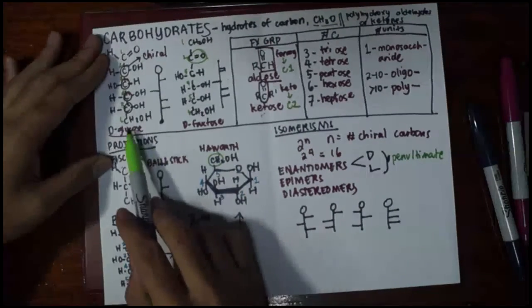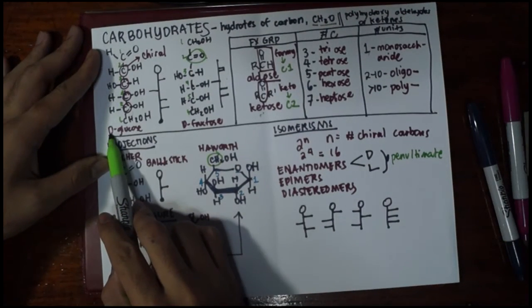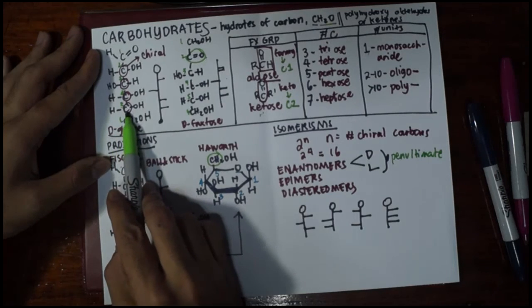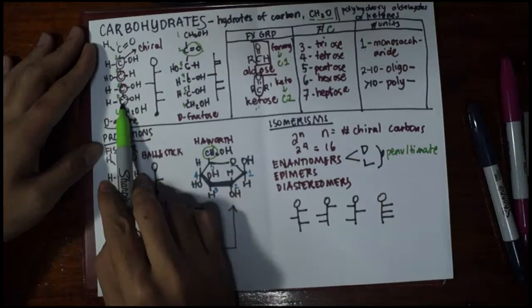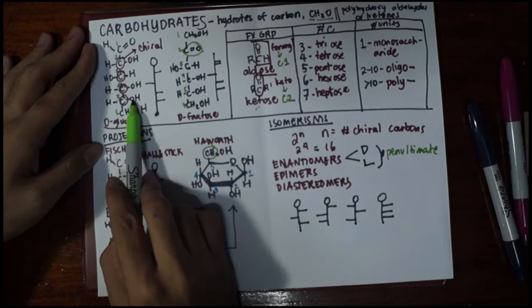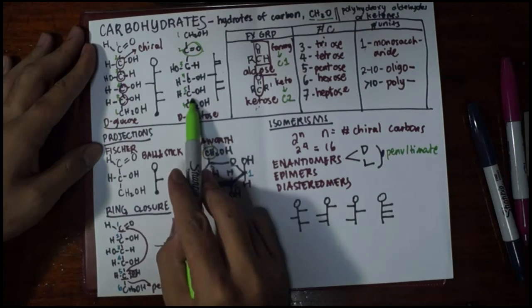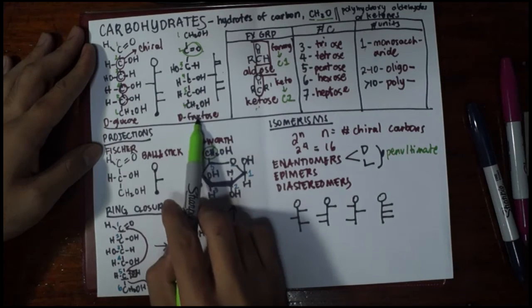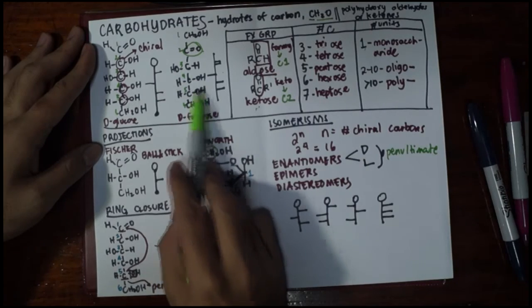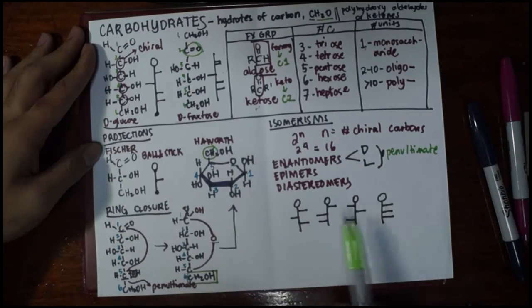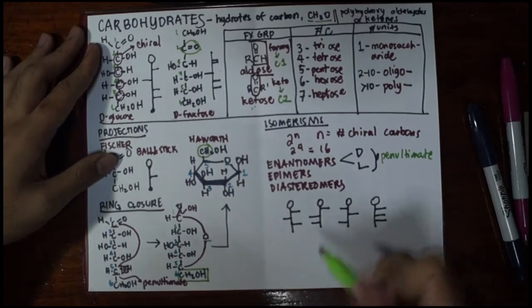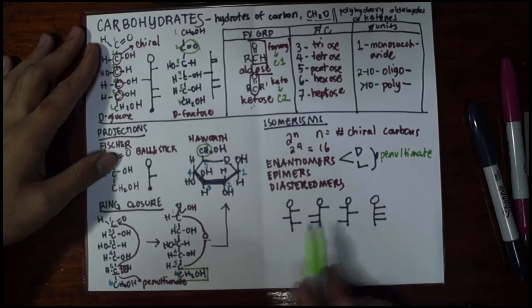For example, this is why we name this D-glucose. Where is the penultimate carbon? It's carbon number 5, and its hydroxyl group faces the right. That's why it's D-glucose. Same here, the carbon number 5 of D-fructose faces to the right. That's why it's D-fructose.